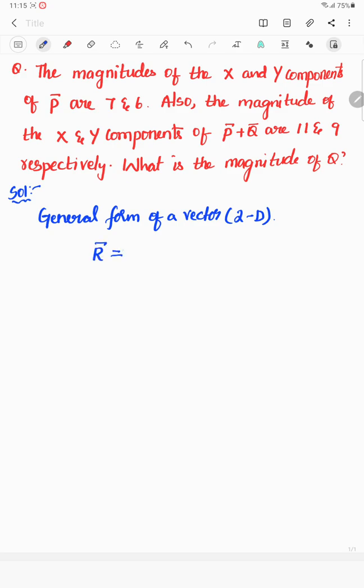You can treat this as x i cap plus y j cap. So what do we mean by this? x is the units or the magnitude along the x-axis.